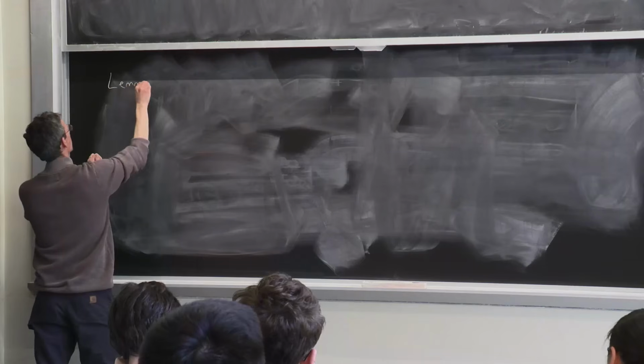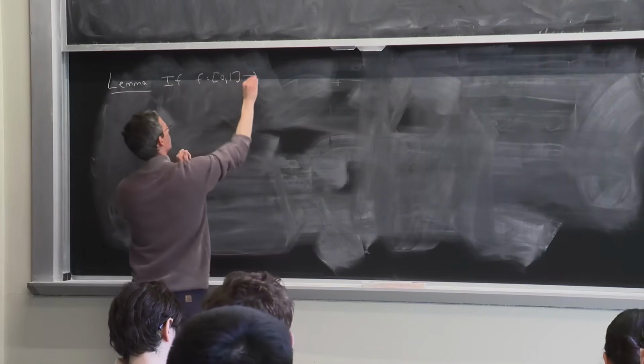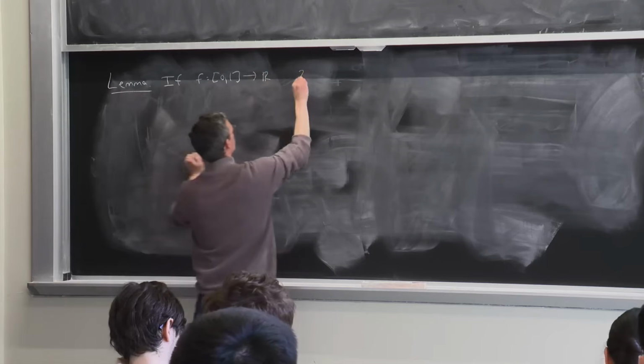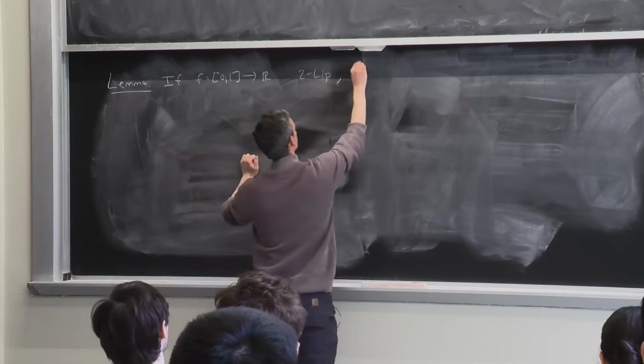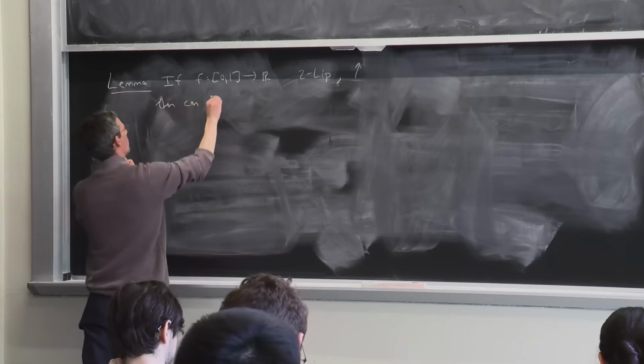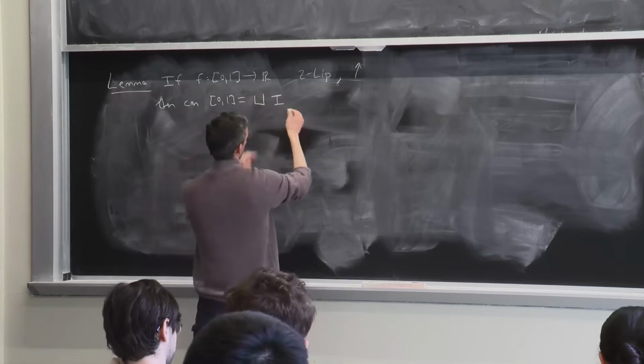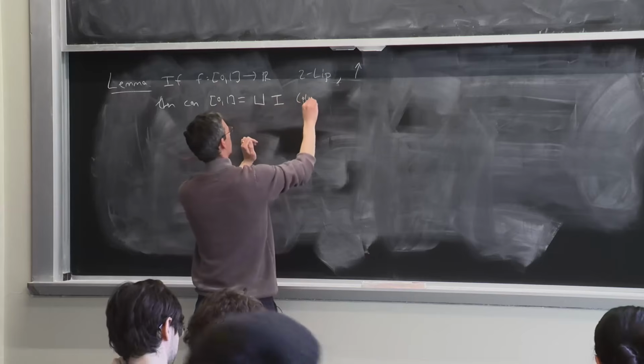So, final lemma. If f is a function from [0,1] to R which is 2-Lipschitz and increasing, then we can break up [0,1] as a disjoint union of some intervals, maybe plus a tiny leftover.